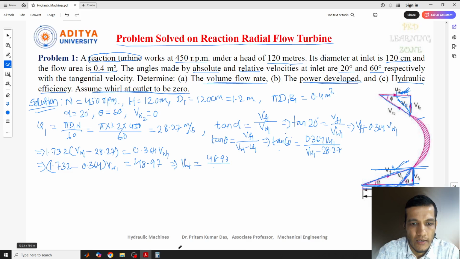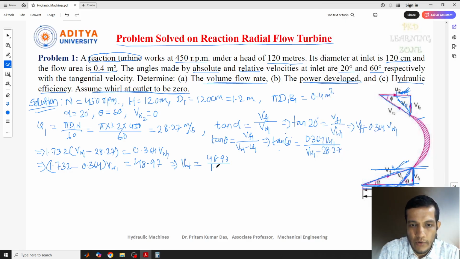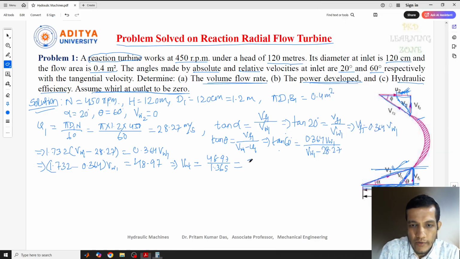Very, very less, so directly I'll write divided by bracket start, 1.732 minus 0.364, bracket close, which is 1.368. And finally how much did we get? 35.79. So this is 35.79 meter per second, VW1.